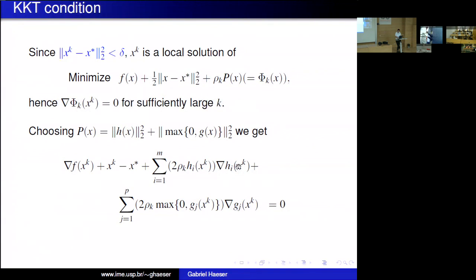Okay, this is the chain rule for the derivative of hi of x squared: 2 times hi of x times the derivative of h. So if you add everybody here, you get this.